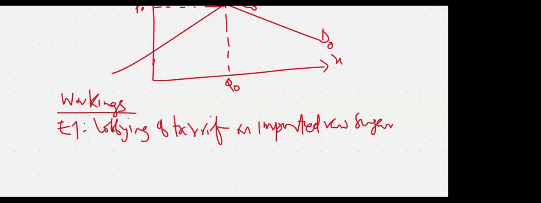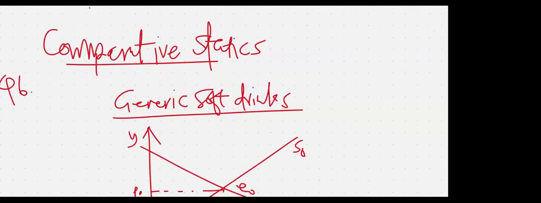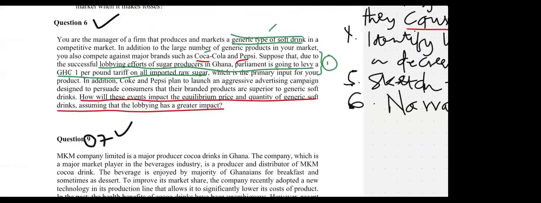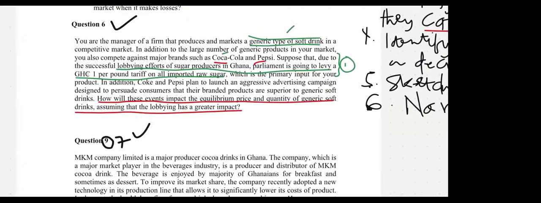Sometimes you cannot identify a name, you don't know which name to write for the event. Look at the last sentence. How will these events, meaning the events are more than one, impact the equilibrium price and quantity of generic soft drinks, assuming that the lobbying, right?